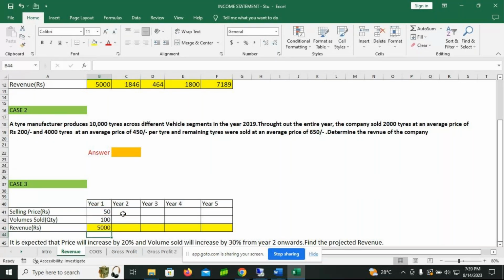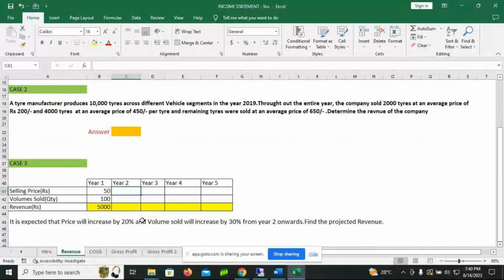And here, in order to calculate, they have given one condition that I have to maintain: it is expected that price will increase by 20% and volume sold will increase by 30% from here onwards.